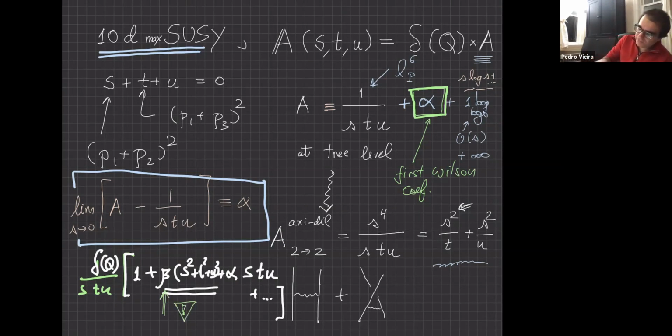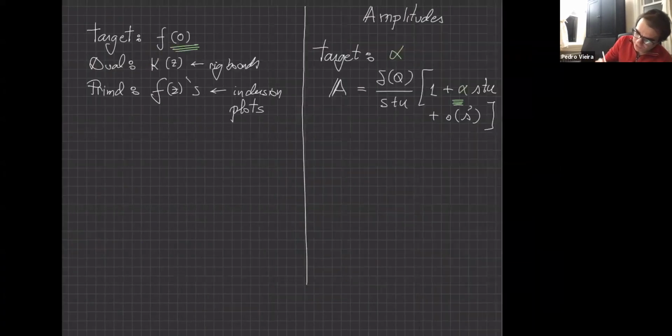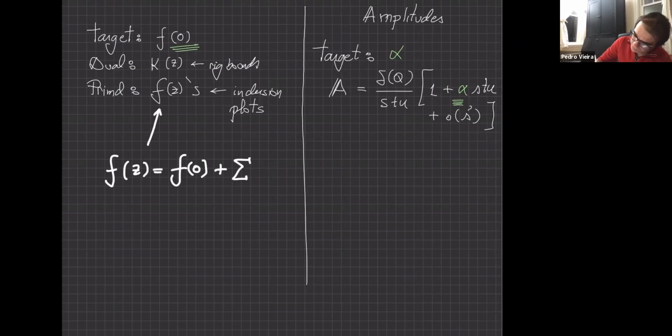So what are the rules of the game then? What do we do? So now the second step that we had in this primal formulation was we had to know the space of functions. So we had to write that f of z was our target, f of 0, plus some holomorphic sum, some sum of f_n z to the n, and I took out f of 0. So now this sum starts at 1, right?